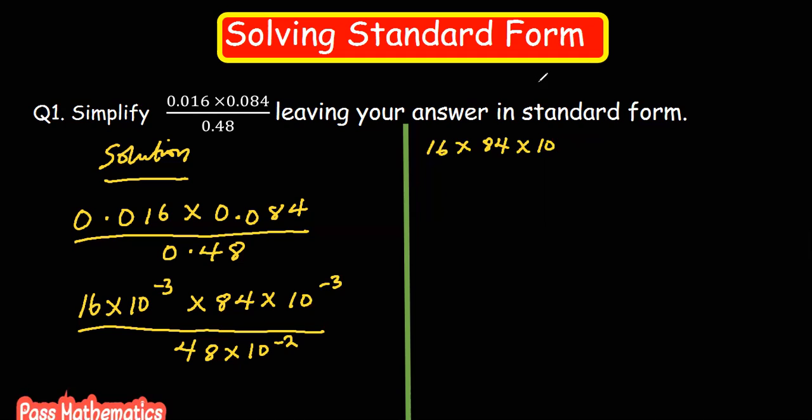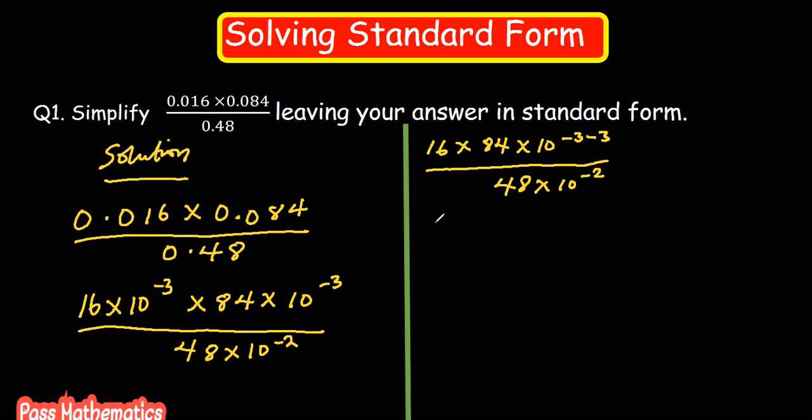So this is going to be minus 3 minus 3. We should add it, but minus times plus is still minus. So we are going to have something like this divided by 48 times 10 raised to the power of minus 2.